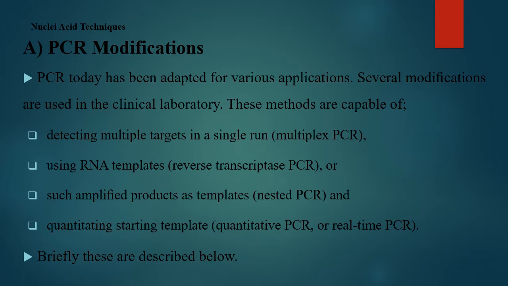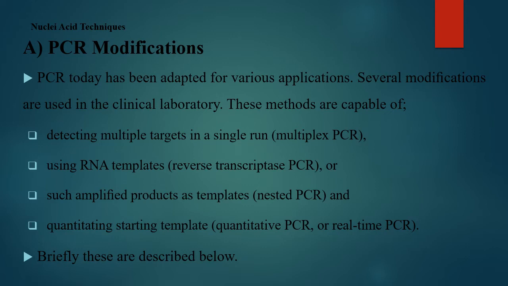Then you have the reverse transcriptase PCR, which uses an RNA template instead of a DNA template. You remember transcription is an event using the RNA. So reverse transcriptase PCR is also another modification.